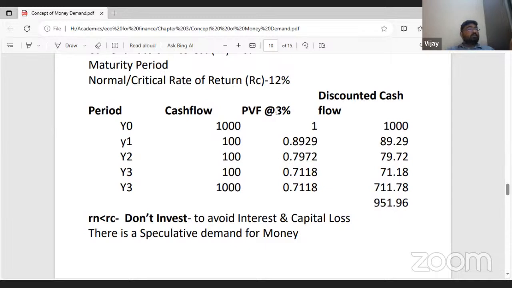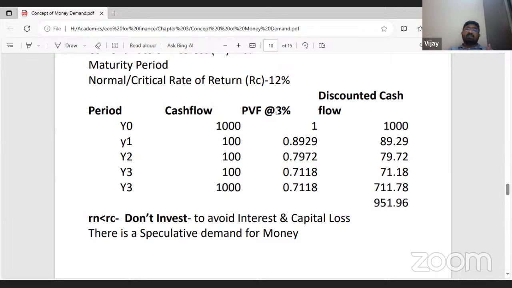That means you bought this bond for 1,000 rupees, thinking that you will get 100 rupees in the first, second and third year, and in the last year you will get the investment back. But my normal return on capital employed gives me 12%.